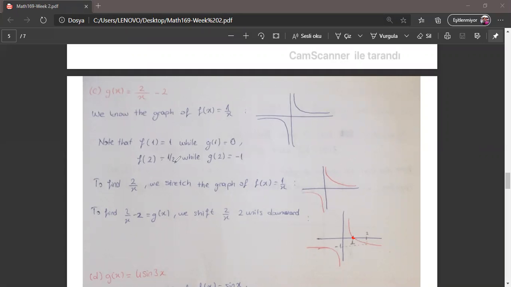So f of 2 is 1 over 2, and g of 2 is minus 1, as in here. There f of 2 was positive, 1 over 2. Now it's negative, it's minus 1, because we needed to shift it 2 units downwards.